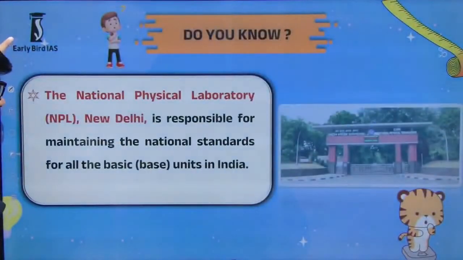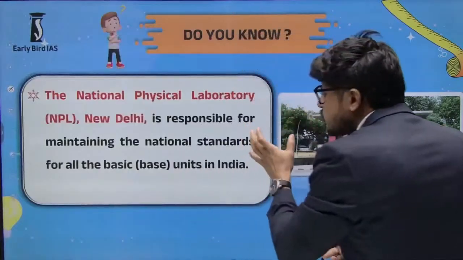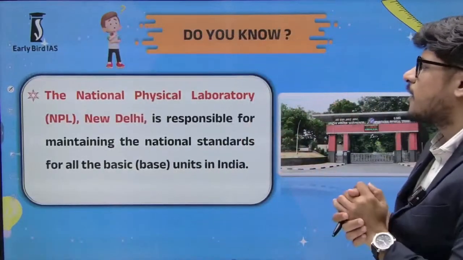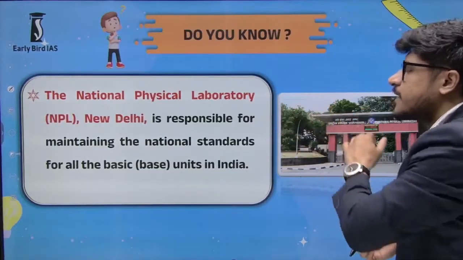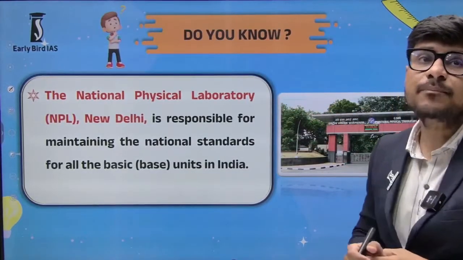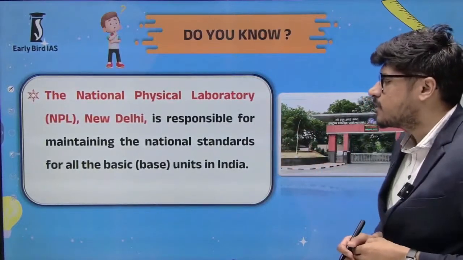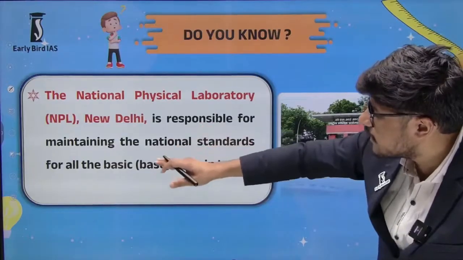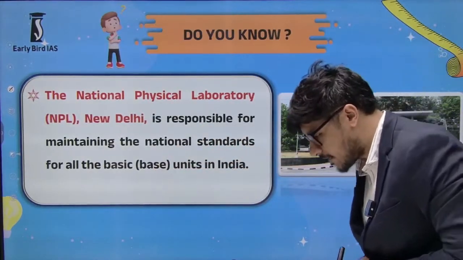Do you know, in India, this is a most important and very interesting fact: the National Physical Laboratory, called NPL, located in New Delhi, is responsible for maintaining the national standards for all the basic units in India.